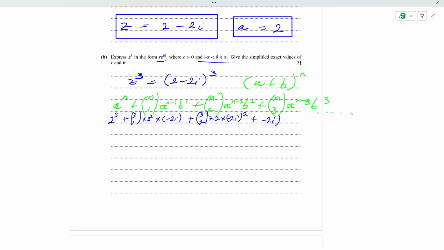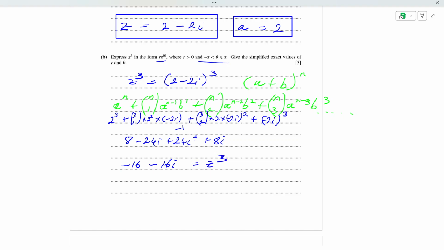Then we have 8 minus 24i plus 24i squared, which is equal to negative 16 plus 8i, then negative 16 minus 16i is equal to z to the 3.